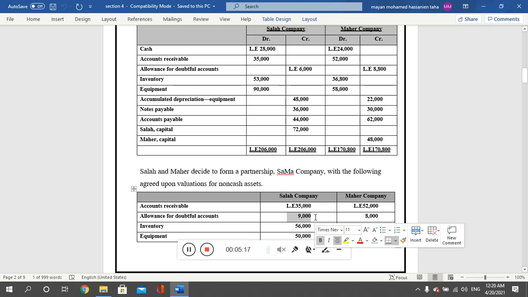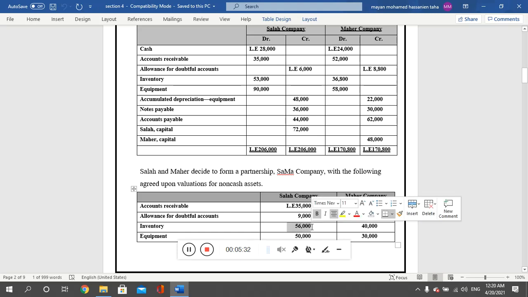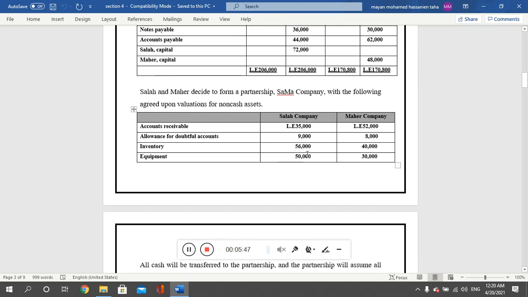Inventory in the trial balance was $53,000, and after valuation the inventory amount will change to $56,000. The equipment in the trial balance was $90,000, but after valuation the equipment will be $50,000. Also for Maher Company there is some valuation; some items changed from the trial balance to new amounts after valuation.